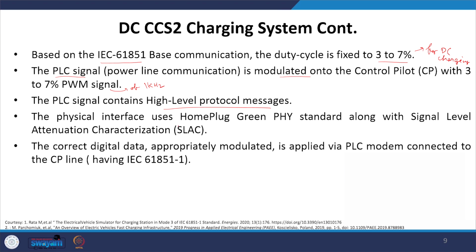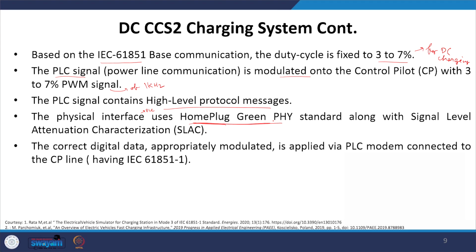Now this physical interface, which is using the PLC based communication, uses the HomePlug Green PHY standard, which is one of the standards for power line communication, and is a subset of the HomePlug AV standard. Some of the features of HomePlug AV are taken and defined in HomePlug Green PHY.